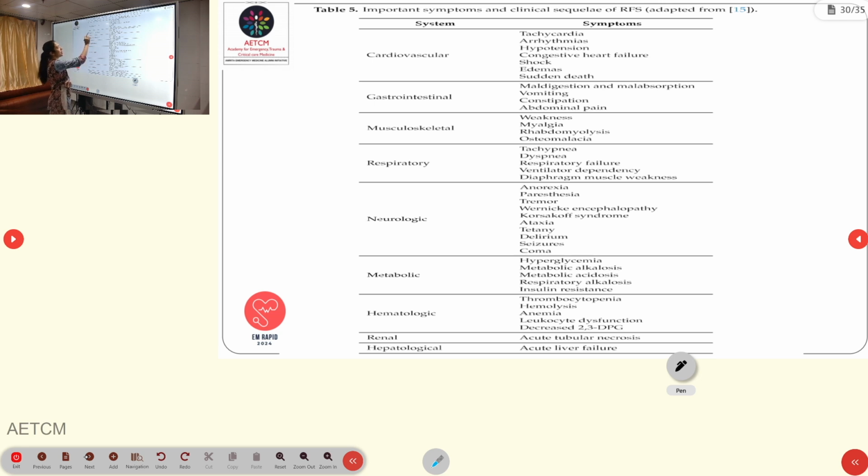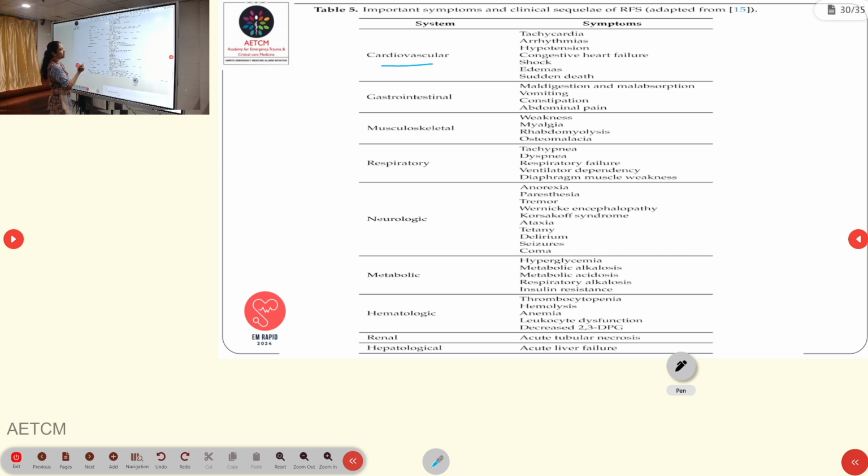Cardiovascular abnormalities like tachyarrhythmias, tachycardia, hypotension; because of the fluid and water retention, patients can go into congestive heart failure and edema. Then GI symptoms like vomiting, constipation, abdominal pain will be there. Then muscle weakness, myalgia can be there.